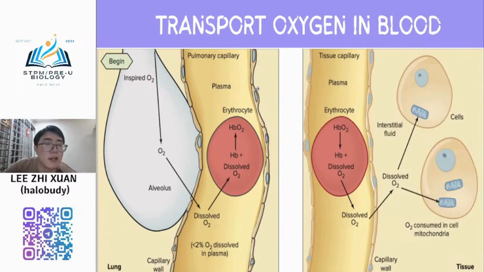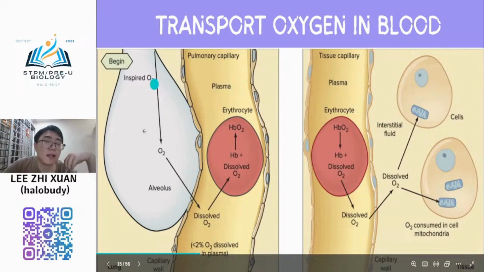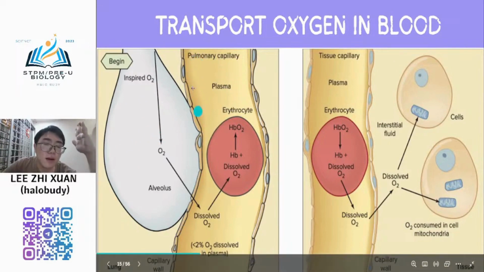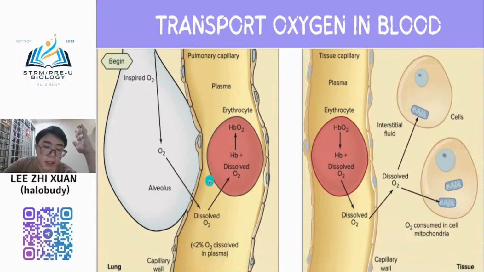Normally when you breathe, you take in oxygen and it enters our lungs, meaning that at this time the partial pressure of oxygen in our lungs is very high. And then in the blood capillary, the partial pressure of oxygen is very low.